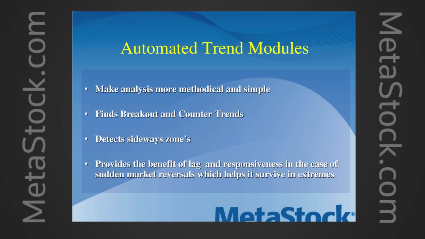Now, what the ATM is going to help me do is detect both breakout type trades as well as counter trend type trades. It's also going to help me detect sideways markets.